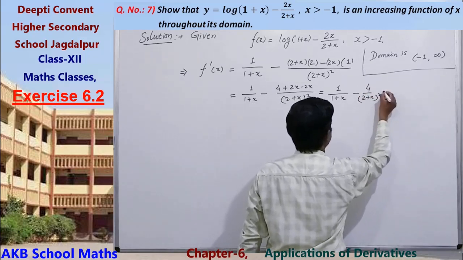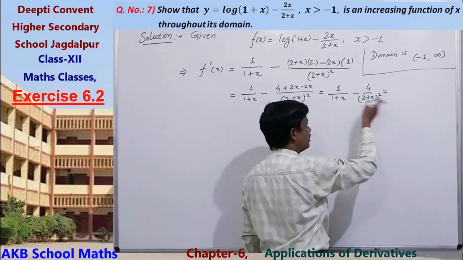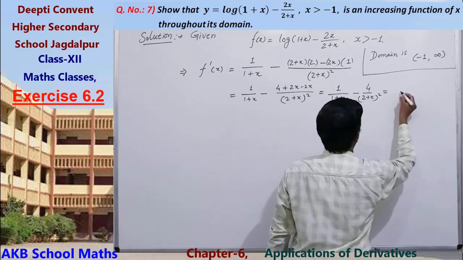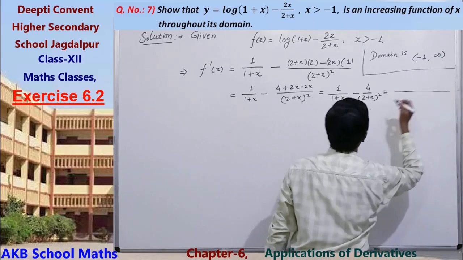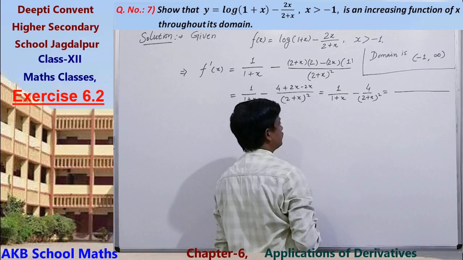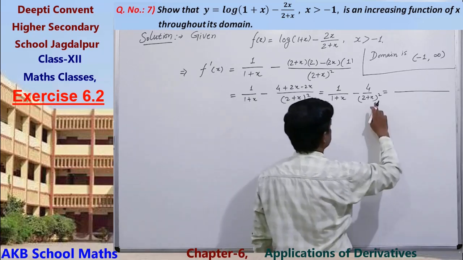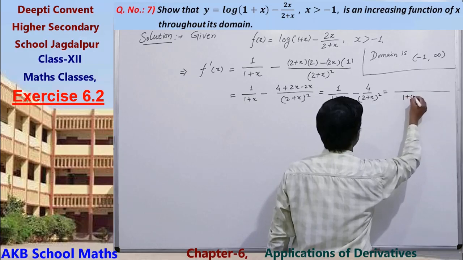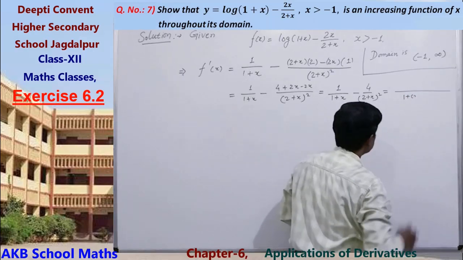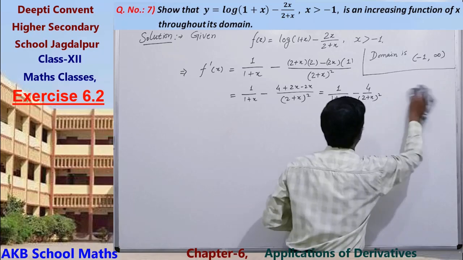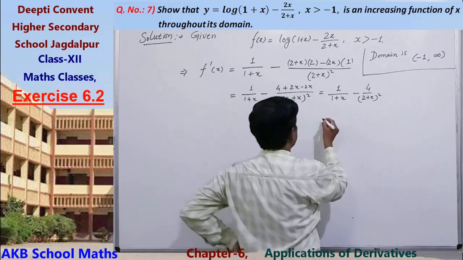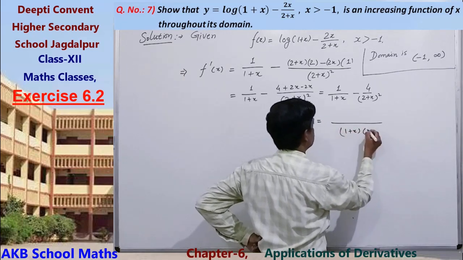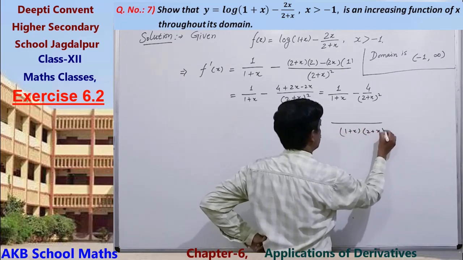Also solve it by taking LCM: 2 plus x square minus 4 times 1 plus x upon 1 plus x into 2 plus x square.